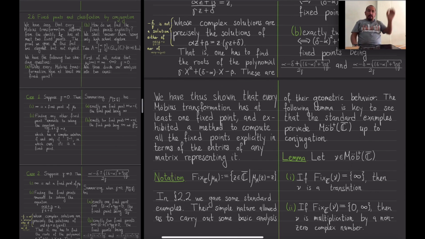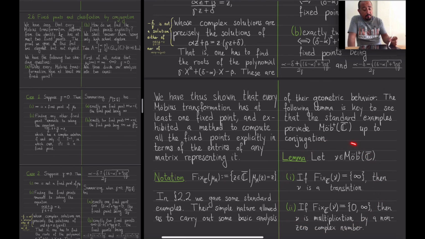And if it has two fixed points, I'm going to use those two fixed points to conjugate and obtain a Möbius transformation that fixes 0 and fixes infinity, conjugate to the original, right? So it would be useful to know that if the result has only one fixed point and it's infinity, then that implies that it's a translation, and having two fixed points, 0 and infinity, implies that it's multiplication by some alpha. Right? And that's what this lemma says.